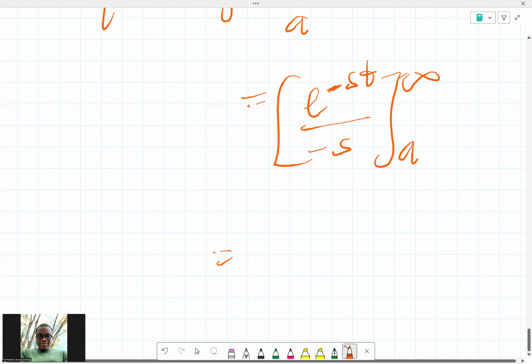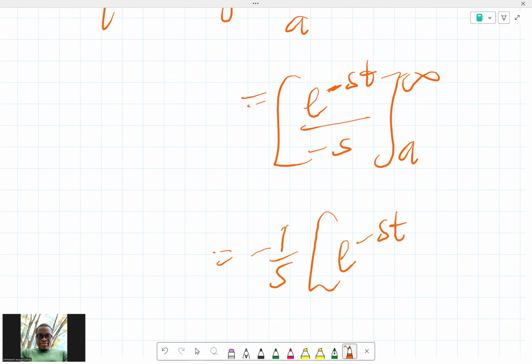As usual, I like to bring out the minus 1 over s. So minus 1 over s into e raised power minus st from a to infinity.